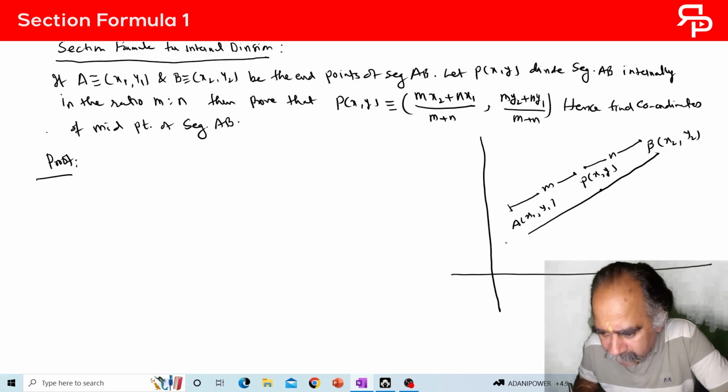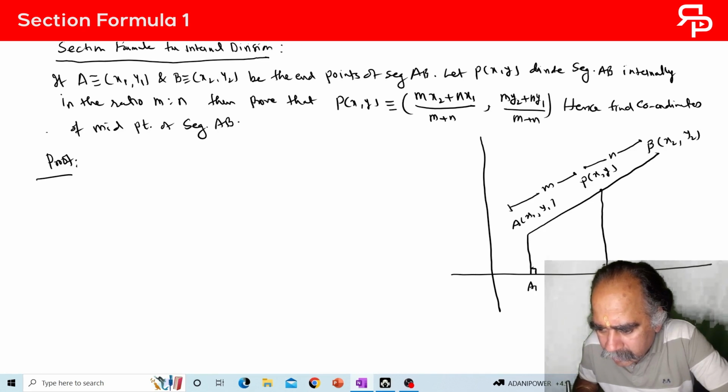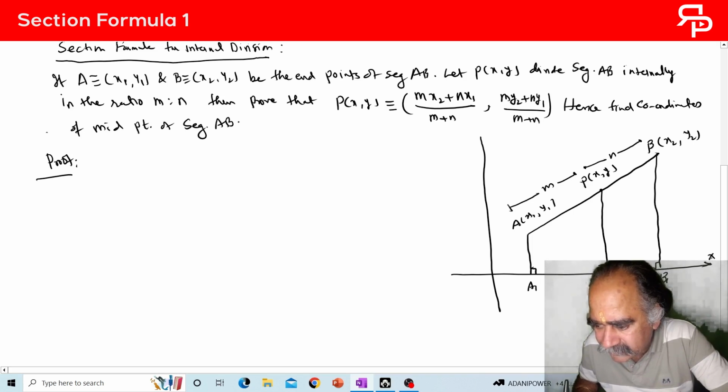Now from point A, draw AA1. From point P, draw PP1, and from point B, draw BB1 perpendiculars on x-axis. This is x-axis.